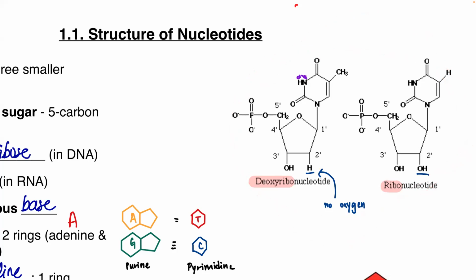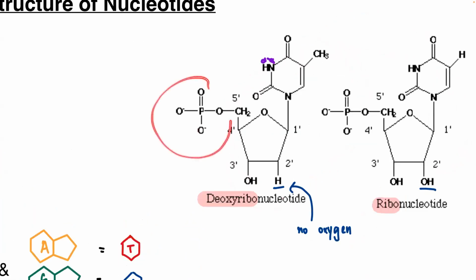FYI, ATP is also a kind of nucleotide, and we will learn in the future that the structure of ATP is actually quite similar to one of the DNA nucleotides.